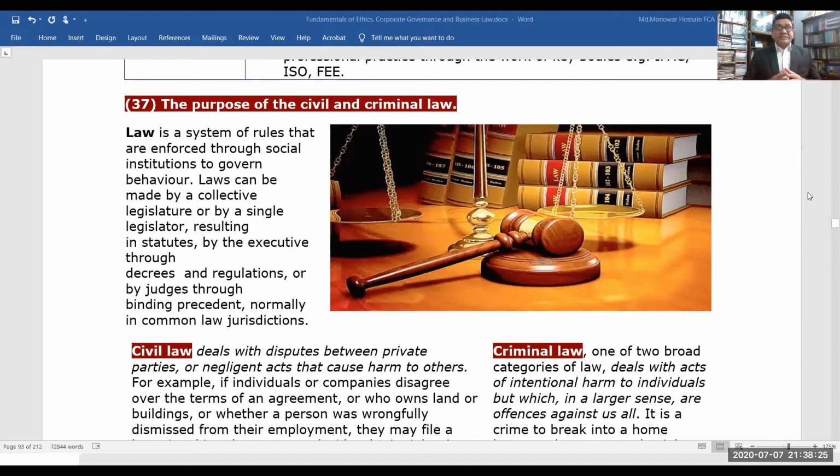The purpose of civil and criminal law. If we see here, what is law? Law is a system of rules that are enforced through social institutions to govern behavior.